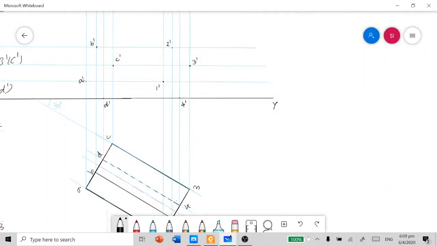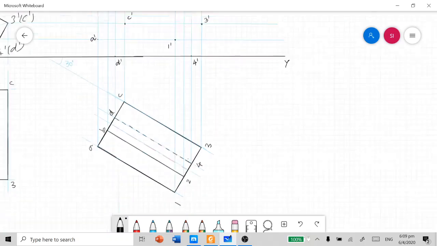edge. Totally in this solid 4 base edges, 4 face edges, and 4 lateral edges are there. So totally 12 edges need to be connected now by following our regular rules.